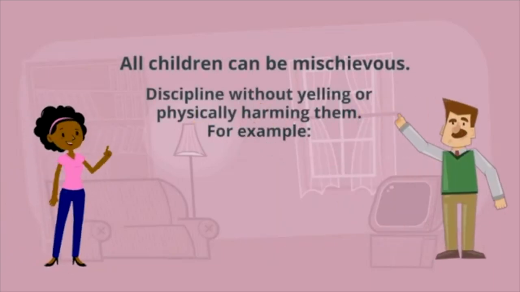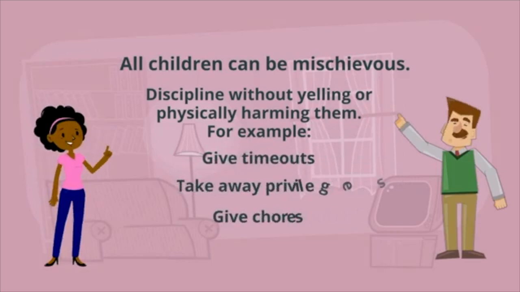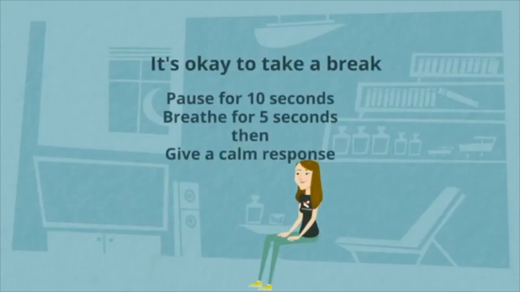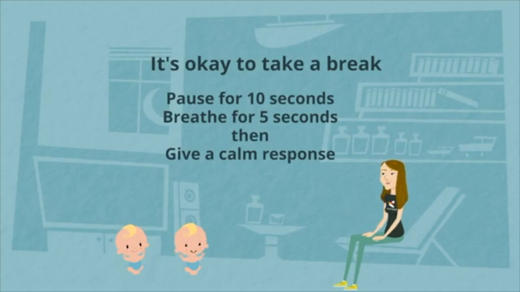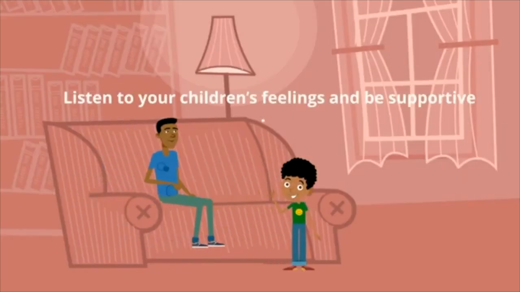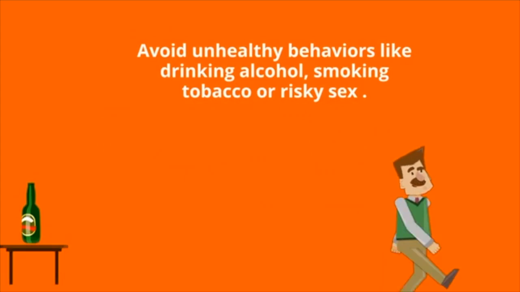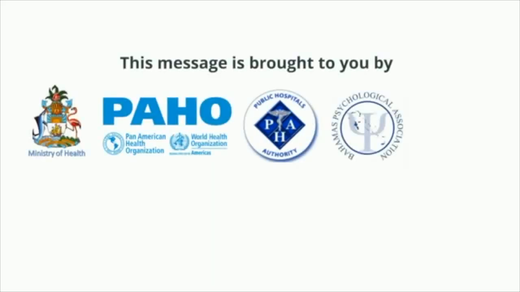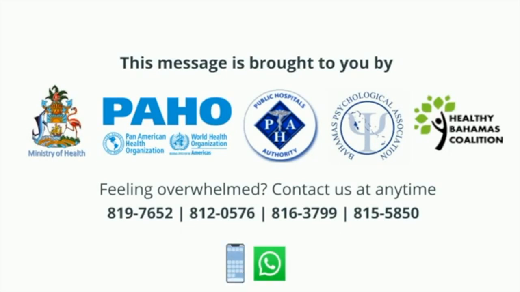You can discipline without yelling or physically harming by giving timeouts, taking away privileges, and even giving chores. It's okay to take a break. Pause for 10 seconds, breathe for 5 seconds, then give a calm response. Listen to your children's feelings and be supportive. Avoid unhealthy behaviors like drinking alcohol, smoking tobacco, or risky sexual behavior. Feeling overwhelmed? Contact our hotline at 819-7652 or any of the numbers that appear on your screen.